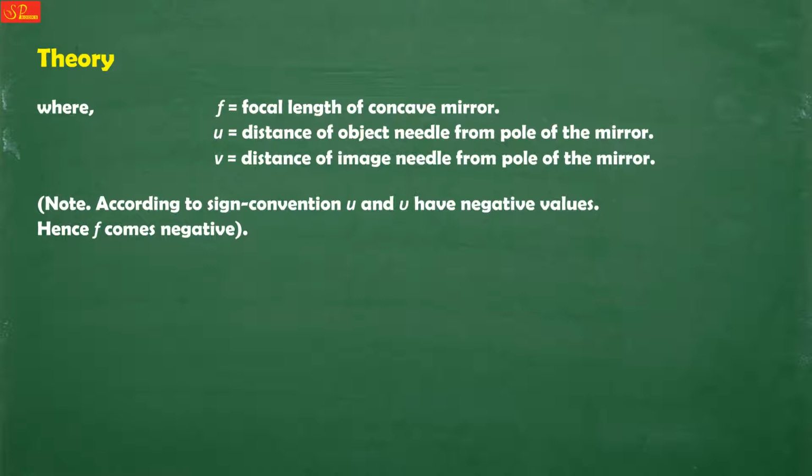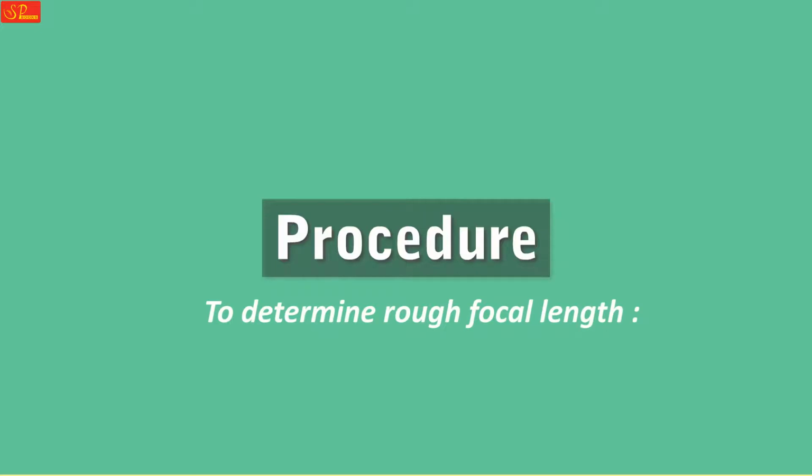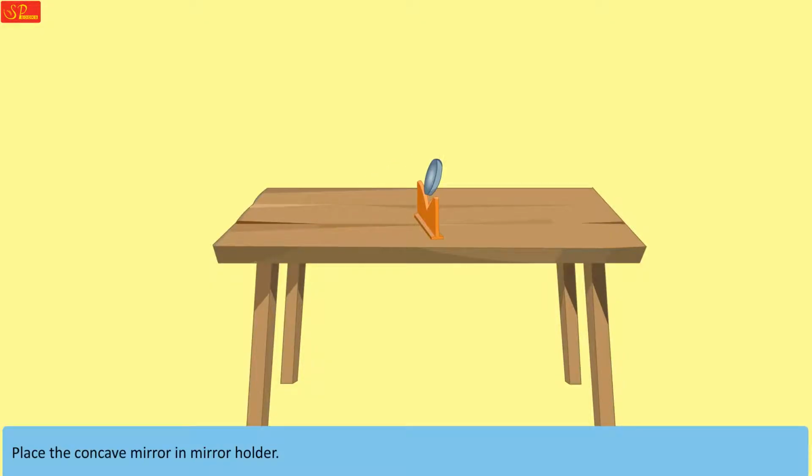Note: according to sign convention, u and v have negative values, hence f comes negative.